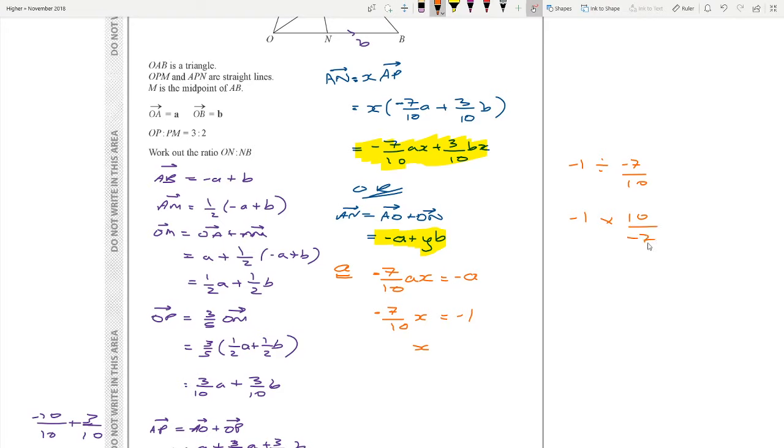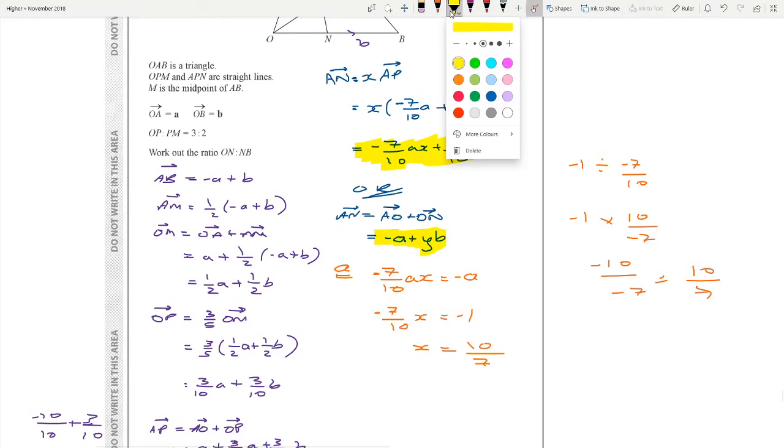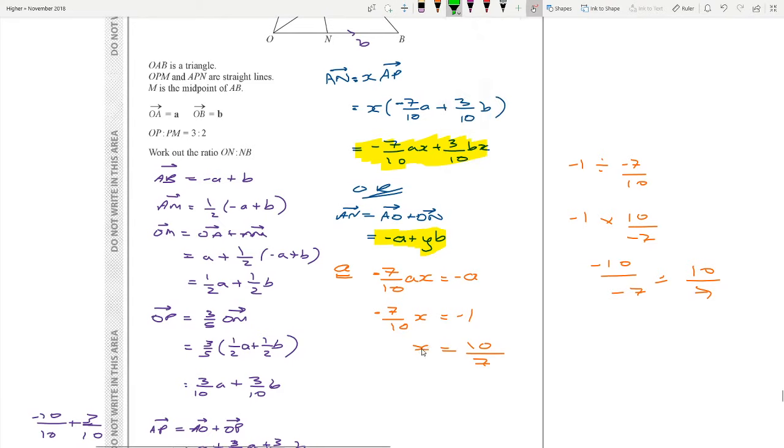So that becomes minus 1 times 10, minus 10 divided by negative 7. Because they're both negative, it's the same as 10 over 7. So x equals 10 over 7. We've worked out what x is. I'll highlight that in a different color: x equals 10/7.